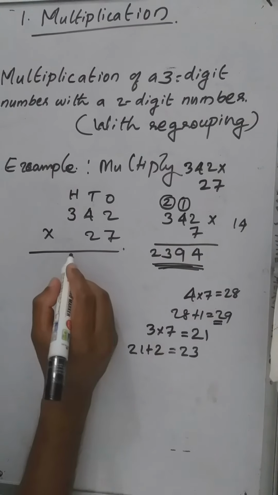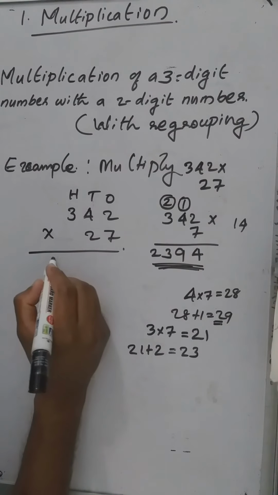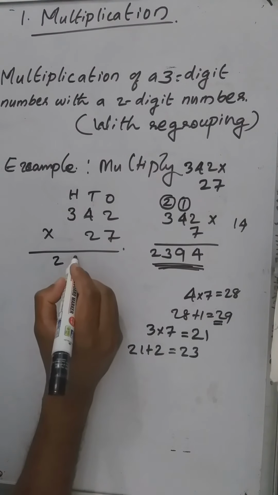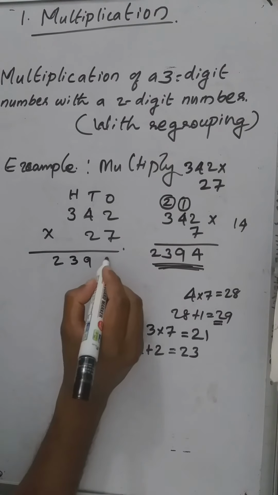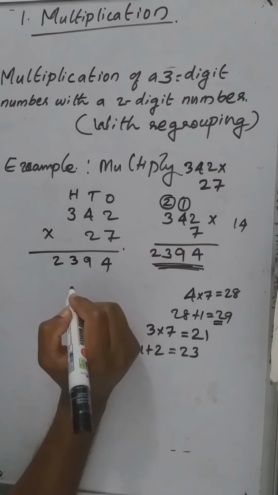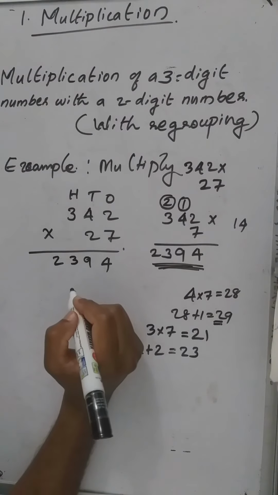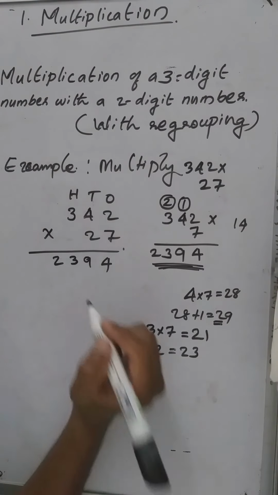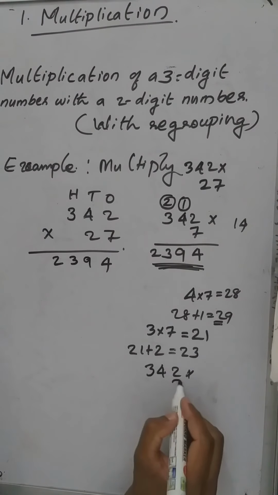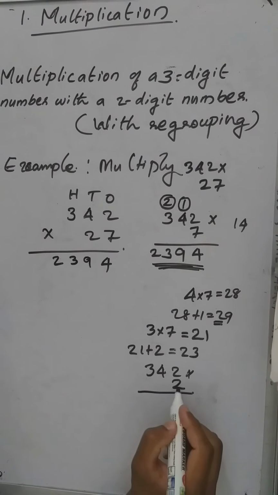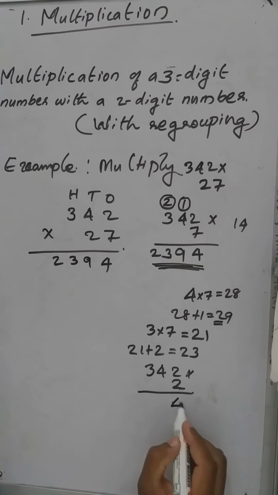So this we have to write here 2394. Now let's multiply 342 by 2. 342 by 2. Here we know that 2 2s are 4.